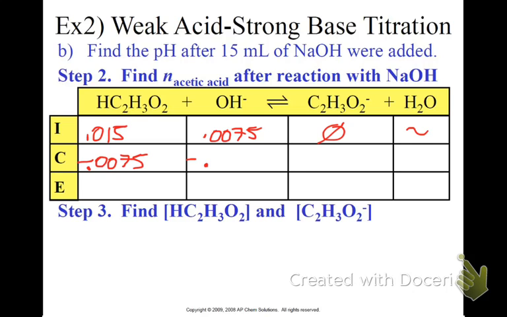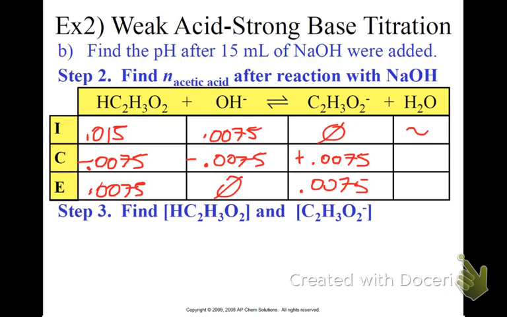This one will decrease by 0.0075. And this is going to increase by 0.0075. So now we have at equilibrium 0.0075 moles of acetic acid. We'll have 0 hydroxides left, and we have 0.0075 of acetate.